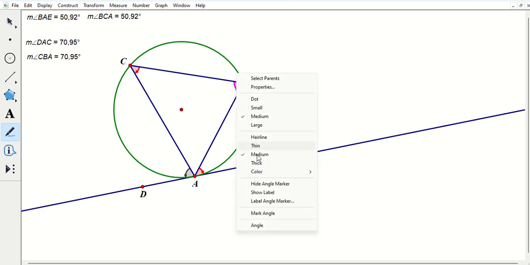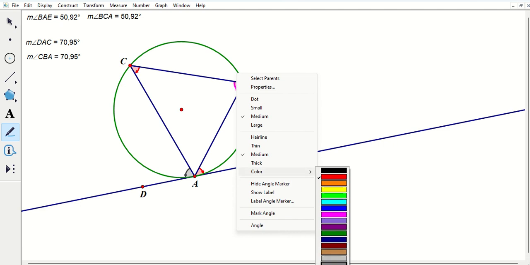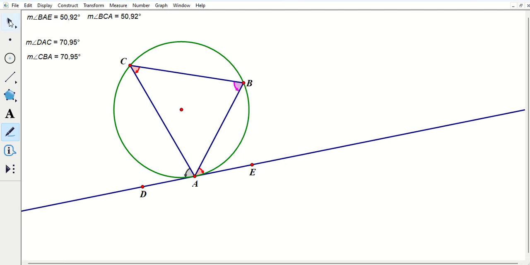Let me just change the color. Okay, so meaning now, the gray angle there is equal to the gray angle formed by the tangent and the chord AC, which is equal to the angle subtended by AC.